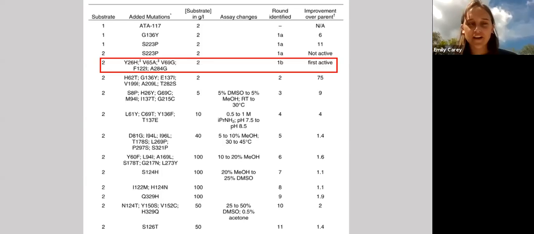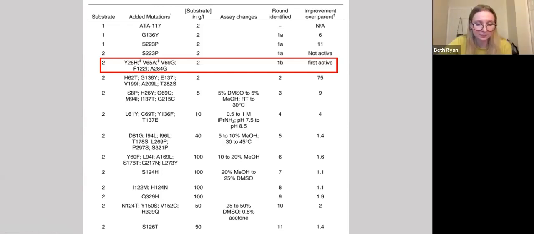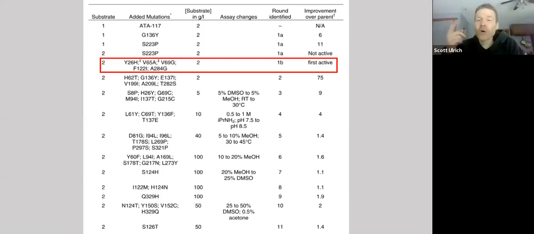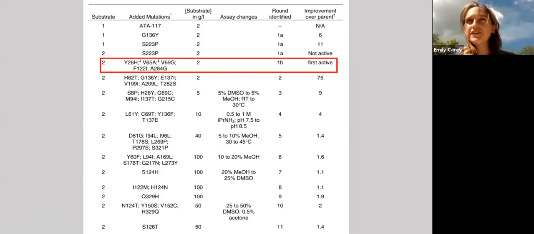Yeah, so at the very end, when they finally got a desirable enzyme, it took all of these, probably 50 or so mutations to get there. Each round is on top of the existing mutations. And then once you have the gene, you theoretically have it forever, because now you have the pattern for it and everything.